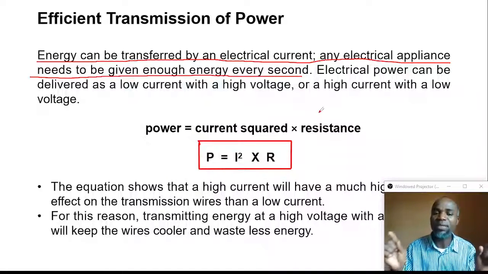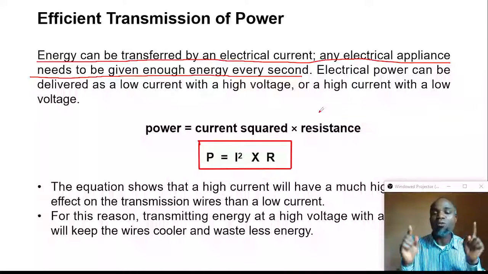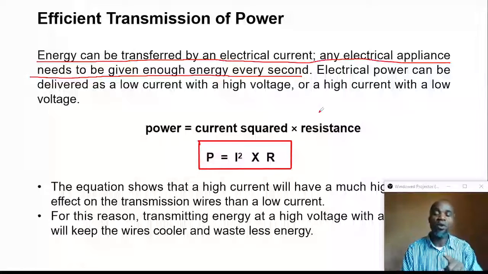Electrical power can be delivered as a low current with a high voltage, or a high current with a low voltage. For this, we revisit what we said about power when a certain amount of resistance is offered in the circuit: power equals current squared times R, R being the resistance in the circuit.